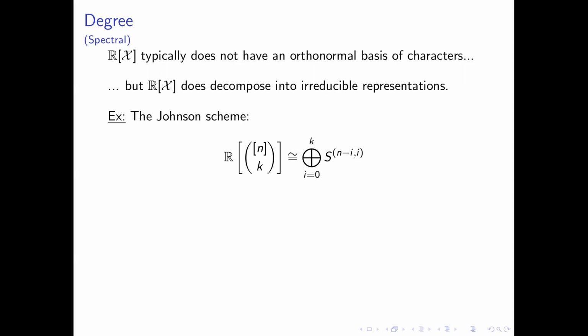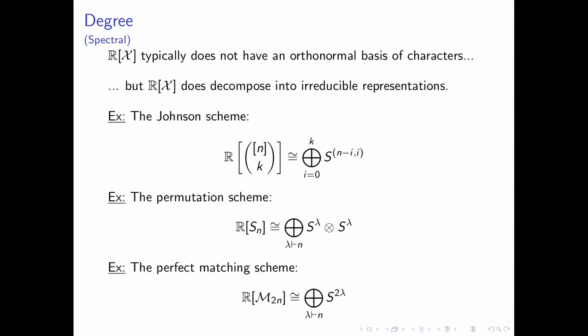Okay, I'll give some examples of this that we're probably all familiar with. For the Johnson scheme, the R bracket notation means I'm considering real-valued functions over that particular domain. This decomposes into two-row Specht modules, and these Specht modules are irreducible representations of the symmetric group. For the permutation scheme, we can decompose this into S_n cross S_n modules, and again these S^lambda are the Specht modules.